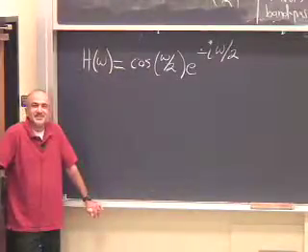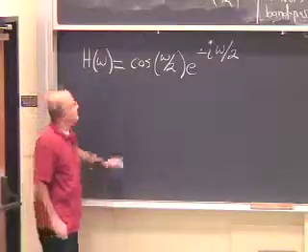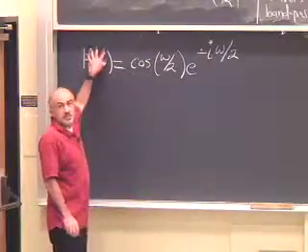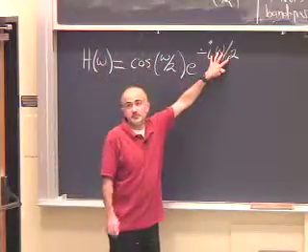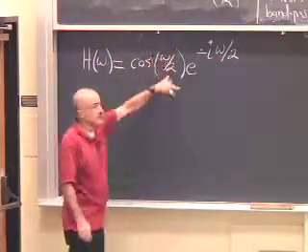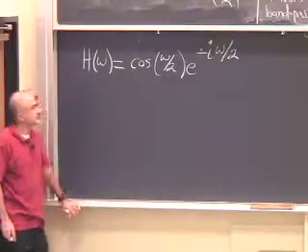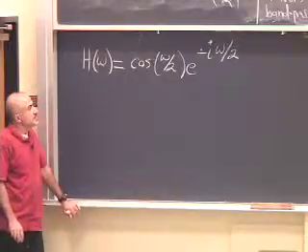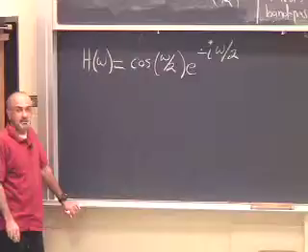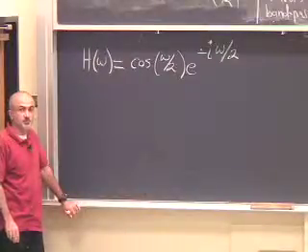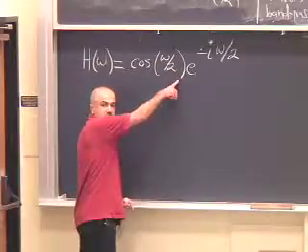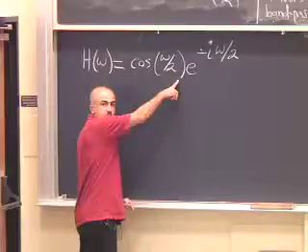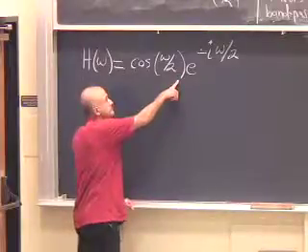Oh, man. All right. So we have a frequency response. It's a complex valued function. Notice I've got a real part and a complex exponential. So this is not a real valued function. It's not quite in polar form either, because cosine theoretically can go negative.